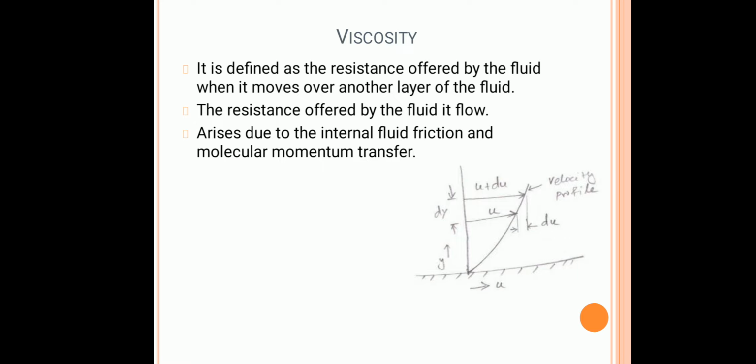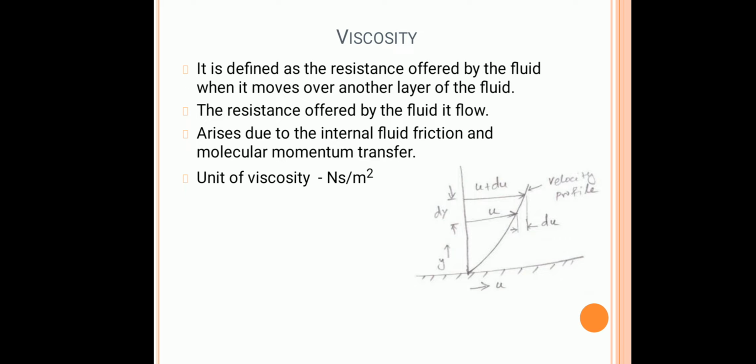So the velocity at the dy element is u plus du. The velocity profile of a fluid is like a parabola. In laminar flow, the fluid particles flow in a defined fashion, and the velocity profile is a parabola.